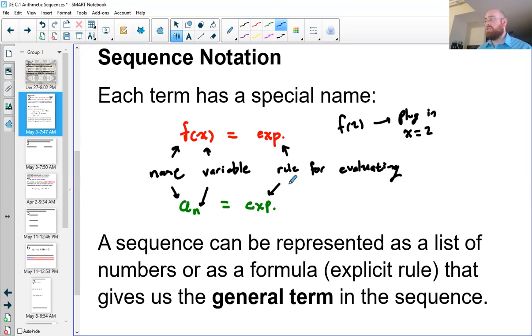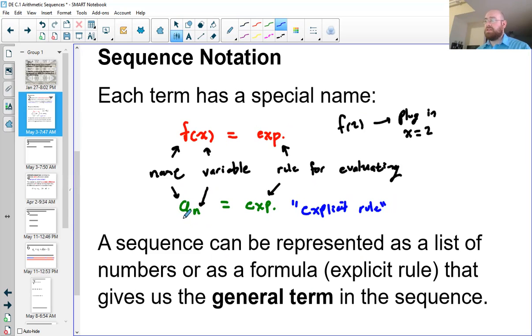In regards to sequences, we sometimes call this the explicit rule. So we can represent a sequence as a list of numbers or as a formula. With an explicit rule, that gives us the general term of the sequence.